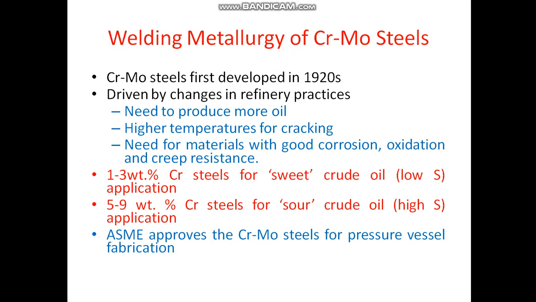Depending on the service environment, whether sweet or sour, low sulfur or high sulfur content, 1 to 3 weight percent chromium is used for sweet crude oil, low sulfur application, and 5 to 9 weight percent chrome steel is used for sour crude oil service. The ASME code approves chromoly steels for pressure vessel fabrication.